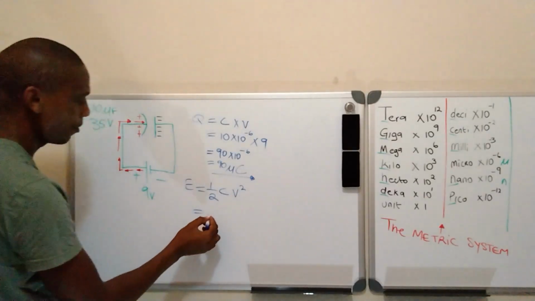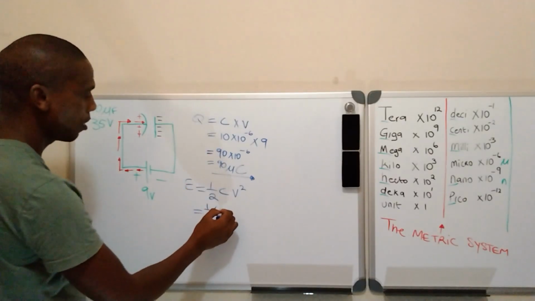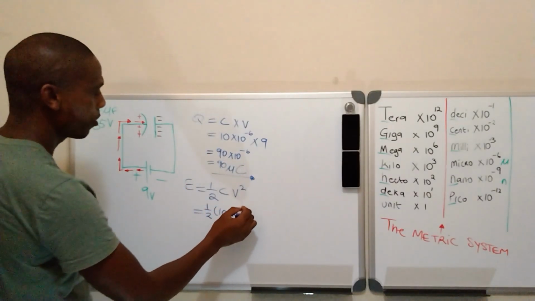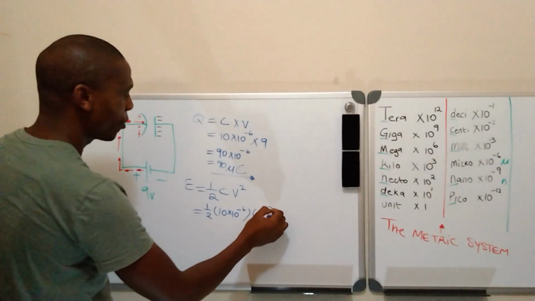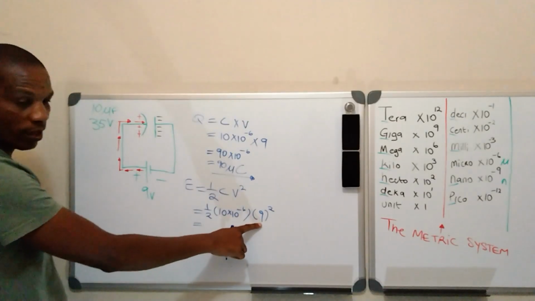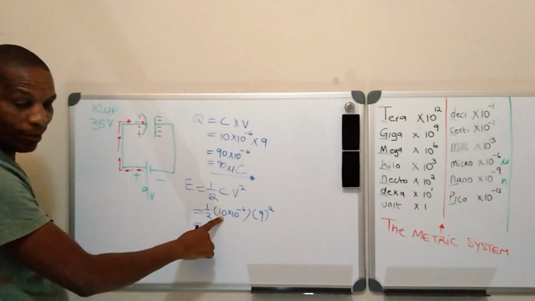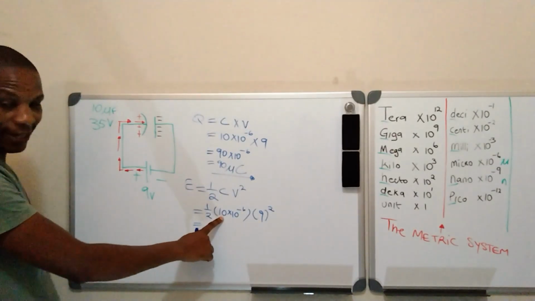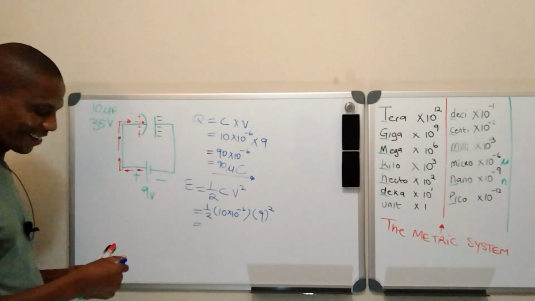So you're going to have 1/2 multiplied by 10 to the exponent -6 multiplied by 9 squared. 9 squared is 81. 81 multiplied by 10 is 810. And then we divide it by 2.